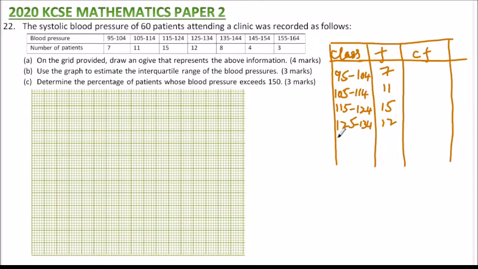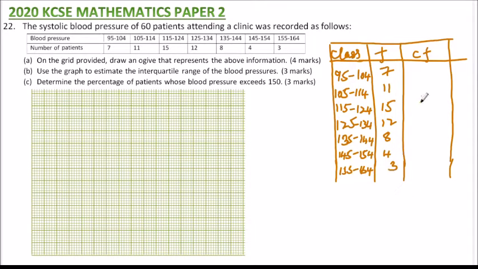Then 135 to 144, the frequency is 8. Then 145 to 154, the frequency is 4. And finally, we have 155 to 164, the frequency is 3.